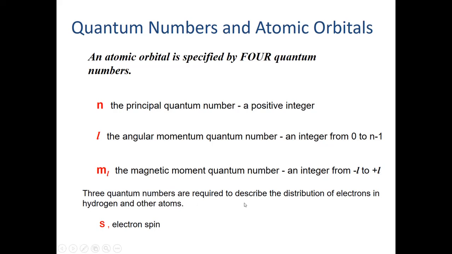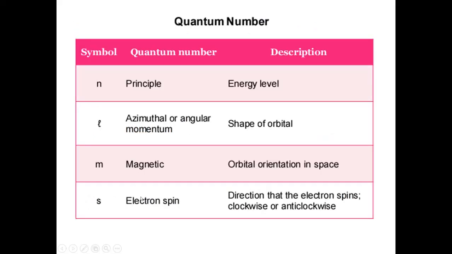3 quantum numbers are required to describe the distribution of electrons in hydrogen and other atoms, and the fourth is symbolized as S, which we call electron spin. Normally, this is the symbol for each of the quantum numbers. Here N represents the principal quantum number, related to energy level.